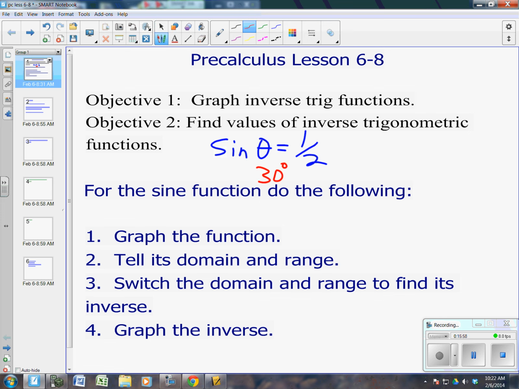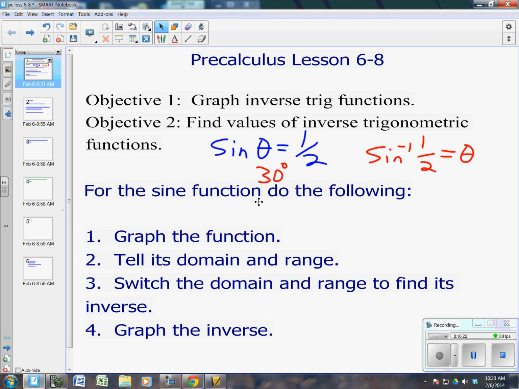Today we're going to change that. We're going to write it like this. The sine inverse of 1/2 equals what angle? It means the same thing, okay? Have I showed you the notation for inverse yet? Yeah, we have. So the sine inverse of 1/2 doesn't have to do with cosine.